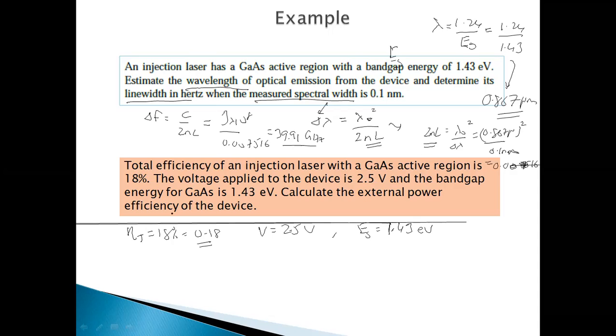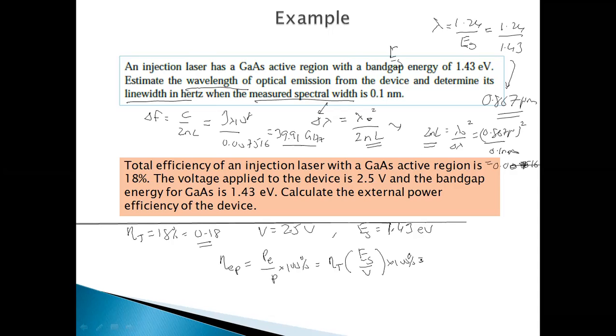This is a straightforward question. We have learned from the previous slides that the external power efficiency, eta EP, is equal to power emitted divided by P times 100%, or it is equal to eta T, the total efficiency, multiplied by EG and divided by the voltage supply, times 100%.